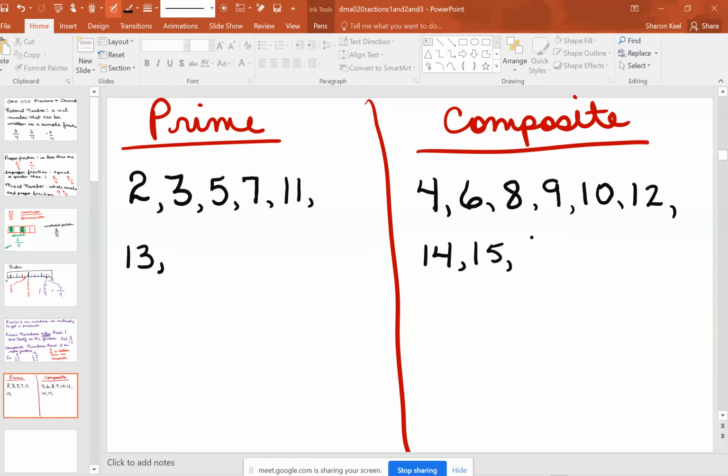And for all of these that I'm just naming another pair, it goes without saying 1 times that number. 16, 2 times 8, and 4 times 4.